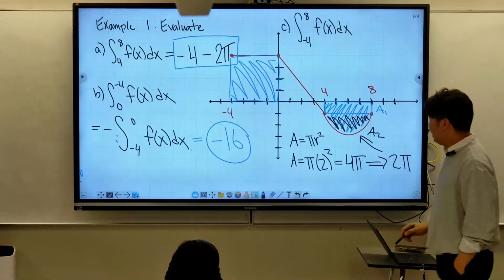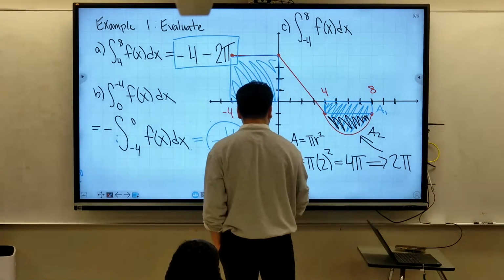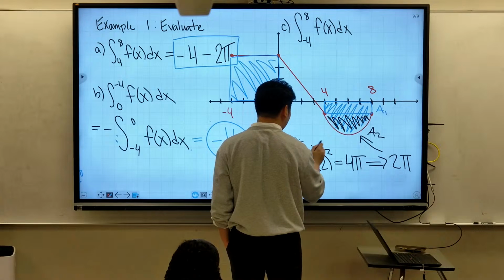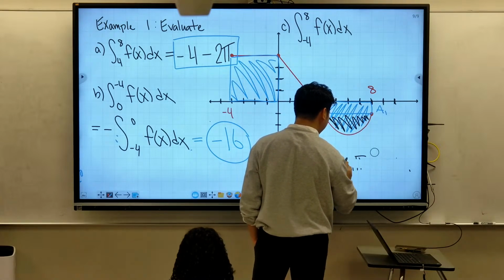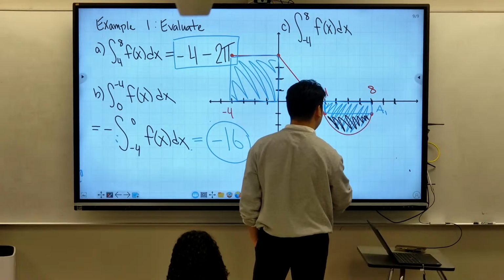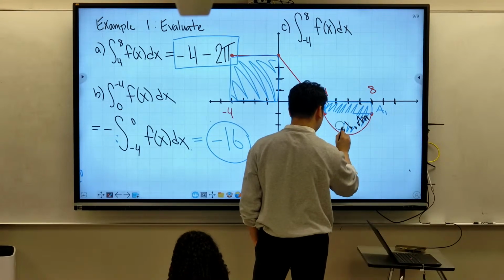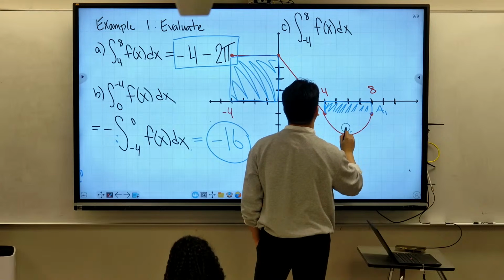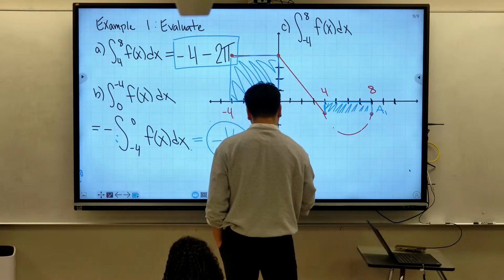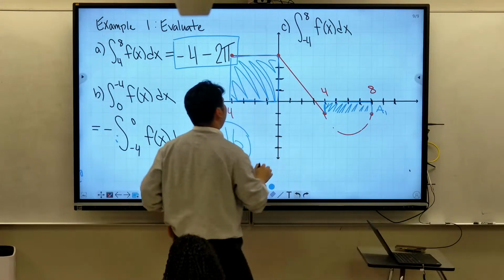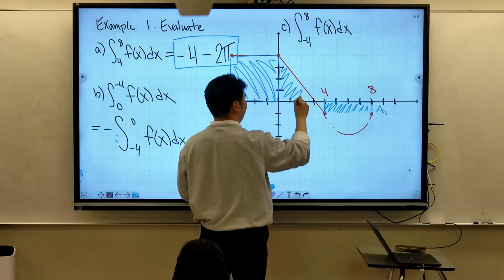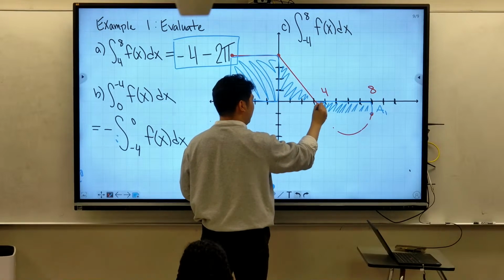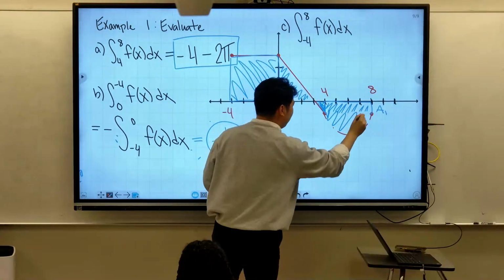So if I want the area from -4 to 8, I'm going to clear up some room here from the first part A. The area from -4 to 8 would be from -4, this little triangle piece here, and everything that was here.